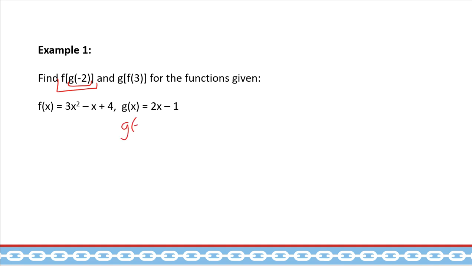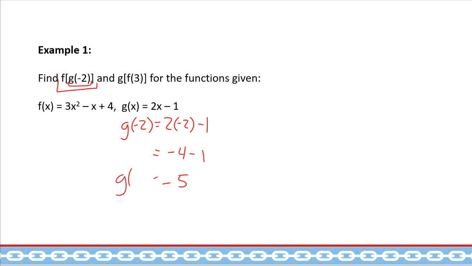That's where I'm going to start. Anywhere in the g function that I see an x, I'm going to feed in a -2. So 2 times -2 is -4, minus 1 is -5.